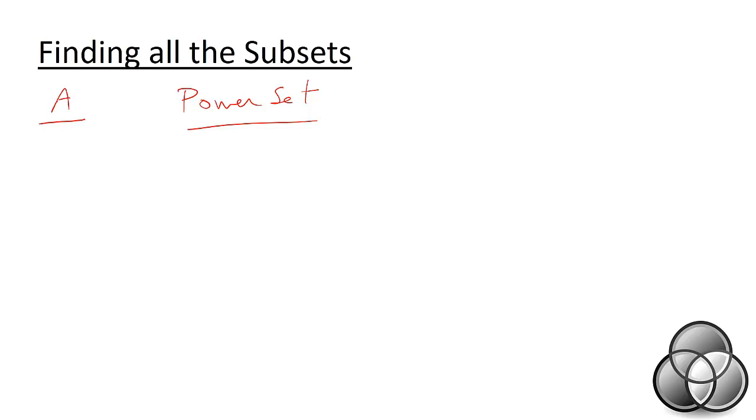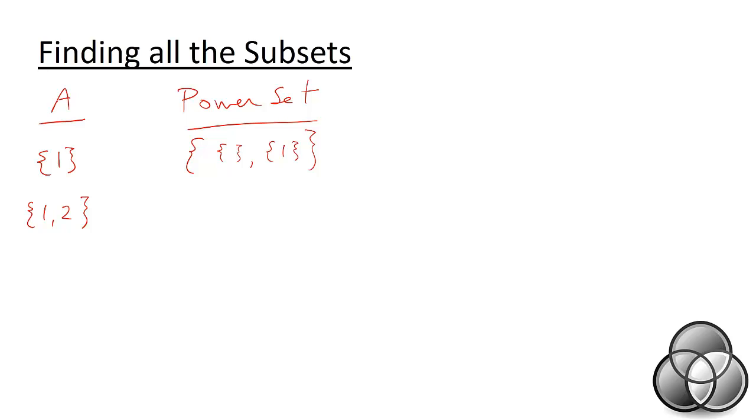Now the power set has a really cool property. Let's take a moment to find the power set of the set containing just one number, the number 1. So the power set's going to be a set that contains all possible subsets of A. So the power set will contain the empty set, as well as the set of all elements in this first case.